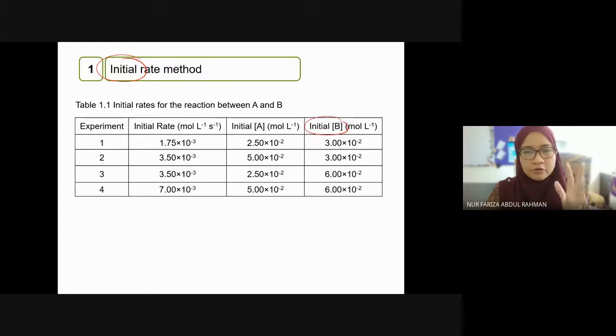Okay, alright. So how do you determine this? Okay, roughly. Cuba kita tengok rate dia. Okay, kita nak determine the order of B. We want to determine the order of A. Okay, that means we have to fix the concentration of B.